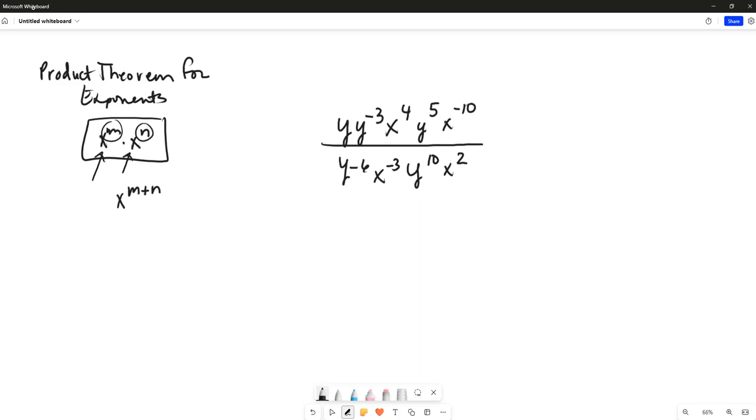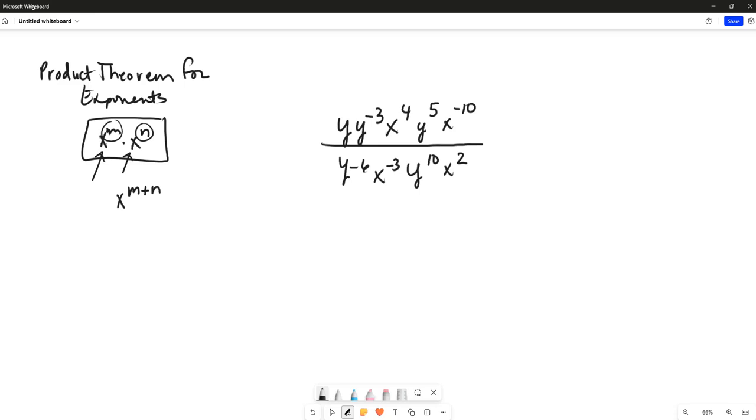All right, now we can combine all of our like terms in the numerator and the denominator, and then you can see where they write all their answers in the numerator.